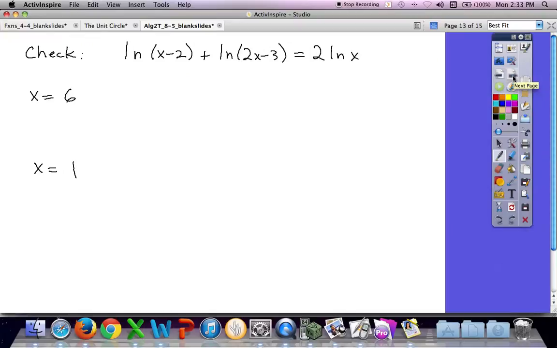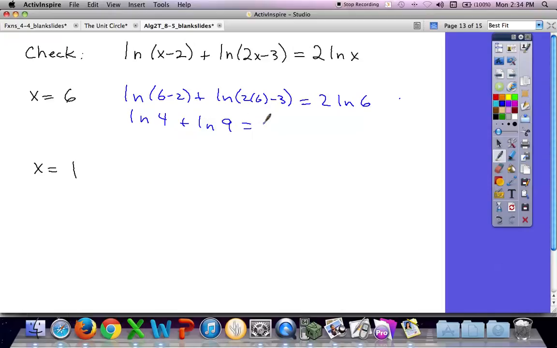And what you're going to see is, when I plug in the 6, I get the ln of 6 minus 2 plus ln of 2 times 6 minus 3 equals 2 times the ln of 6, right, which is ln of 4 plus ln of 9 equals, I'm going to pull the 2 inside, so that's the ln of 36.